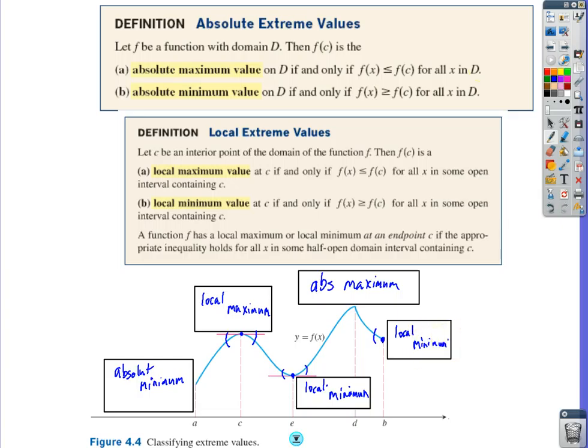And all the words up here are just the fancy math words for it. Where an absolute maximum is saying it's on the domain if and only if that particular f of c is greater than all the other function values, which is true with this one. There's no other function values greater than it. Okay? So here we go. I'm going to move on.